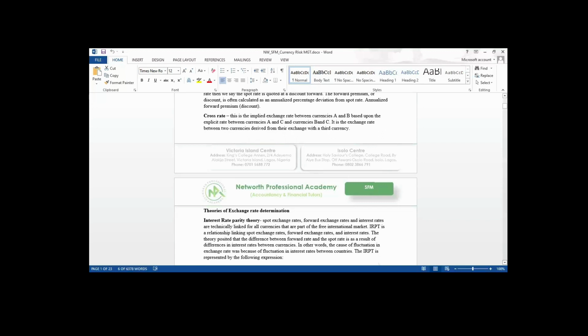Now, theories of exchange rate determination. Number 1: interest rate parity theory.